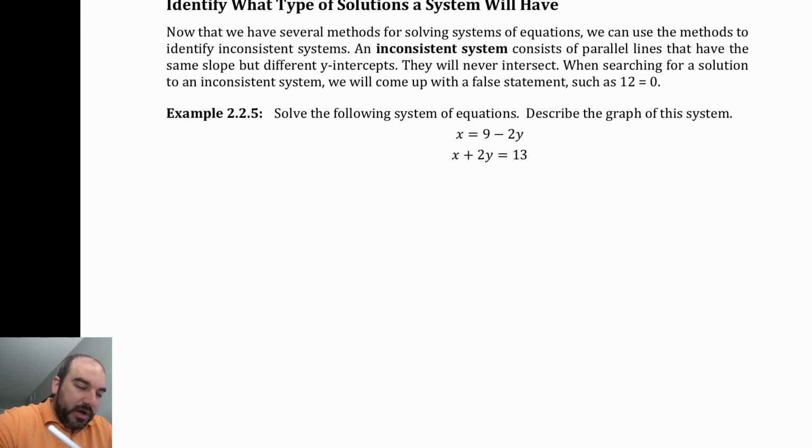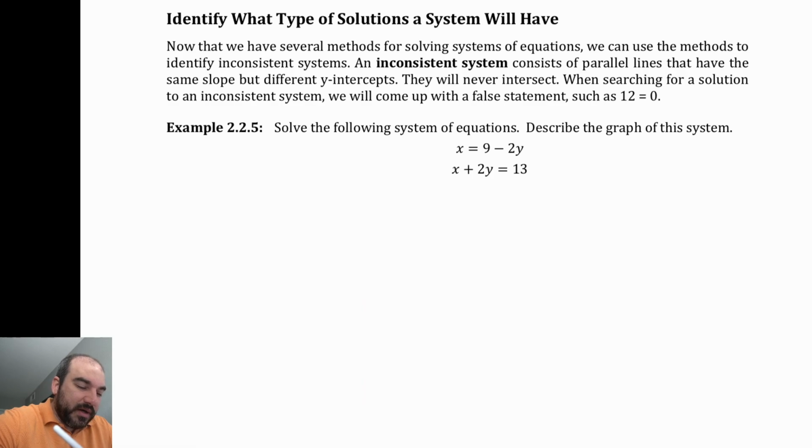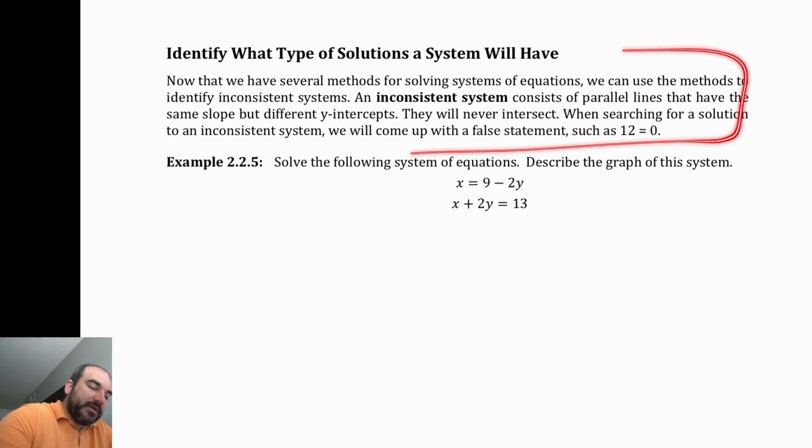But you probably want to know how to identify whether they intersect in one point or they're parallel or they're on top of each other by solving the equations. So as you're solving the equations, that's what this paragraph up here is describing.